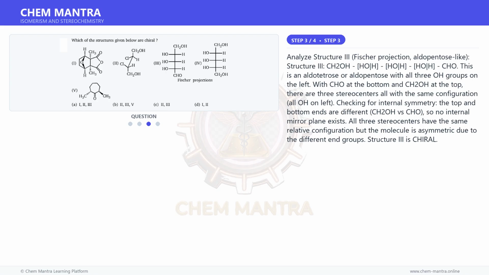Checking for internal symmetry, the top and bottom ends are different, CH2O versus CHO, so no internal mirror plane exists. All three stereocenters have the same relative configuration, but the molecule is asymmetric due to the different end groups. Structure 3 is chiral.